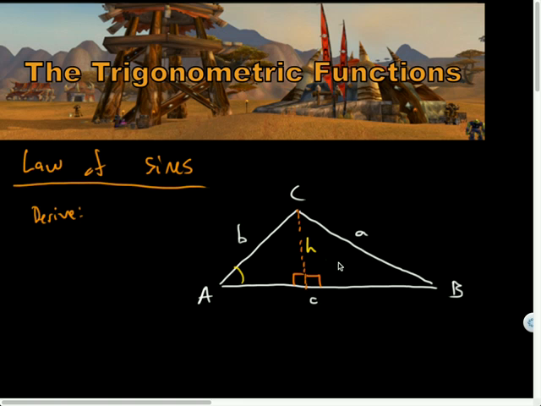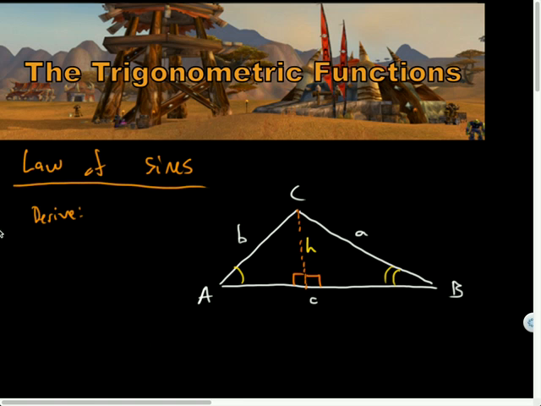So guys, check this out. From A's perspective and B's perspective, within this right triangle, you know some trig ratios. What is a trig ratio that compares the height and this side from A's perspective? Opposite over hypotenuse, sine, right?